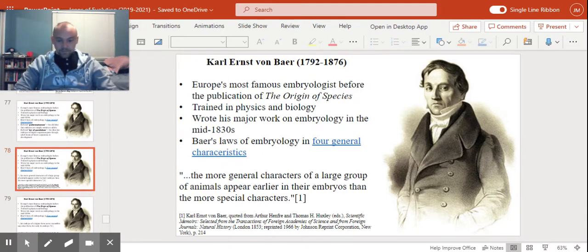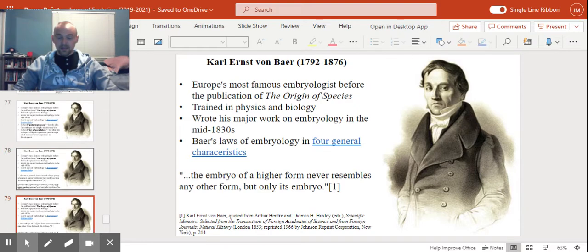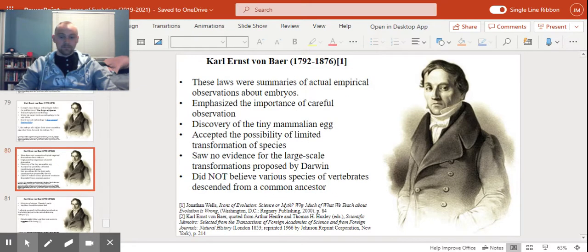He said the more general characters of a large group of animals appear earlier in their embryos than the more special characteristics. So embryos tend to look more similar in their earlier stages than later. He also said the embryo of a higher form never resembles any other form, but only its embryo.